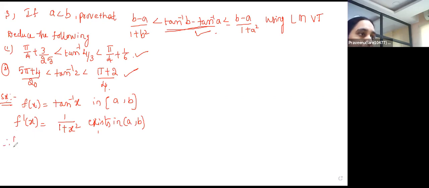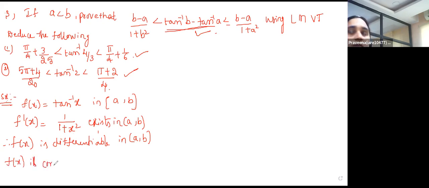Therefore f of x is differentiable in the open interval a comma b. If it is differentiable, then definitely it is continuous, so f of x is continuous in the closed interval a comma b.